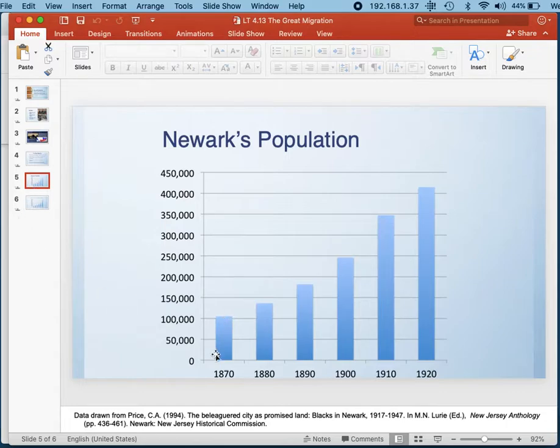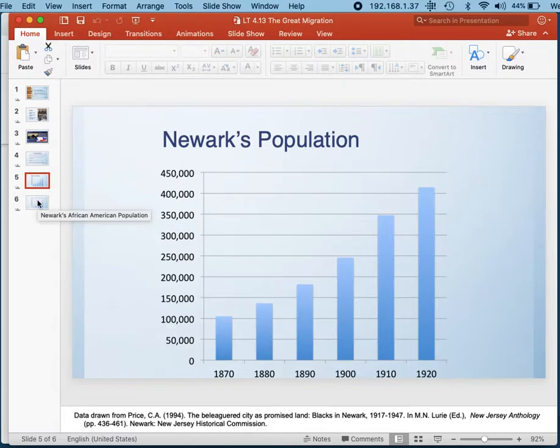If you look down here in the bar graph, in 1870, you'll see that closely around 100,000 people were living in Newark, New Jersey. If we fast forward to 1920, we see that the population jumped from 100,000 to over 400,000, probably around 410 to 420,000. That's a pretty big jump.